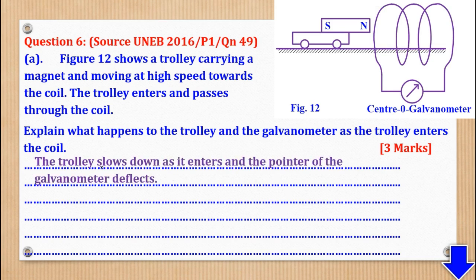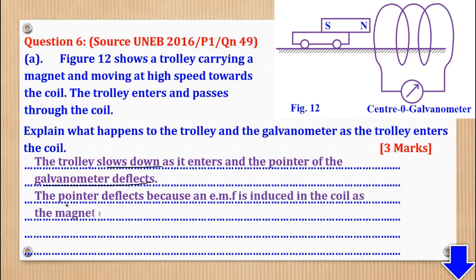So you see that the trolley slows down as it enters and the pointer on the galvanometer deflects. Further, we shall say that the pointer deflects because an EMF is induced in the coil as the magnet on the trolley approaches the coil.